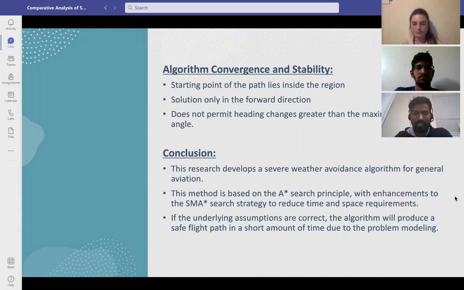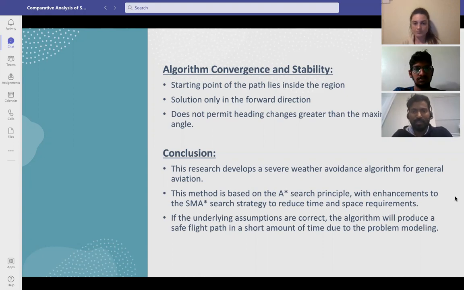And these algorithms only look in the forward direction. They cannot go backward and calculate the path, so there is a drawback there. Also, as we were discussing, there are limitations on directions and taking turns. The turn should be between 60 degrees and 90 degrees. It cannot exceed or decrease that.